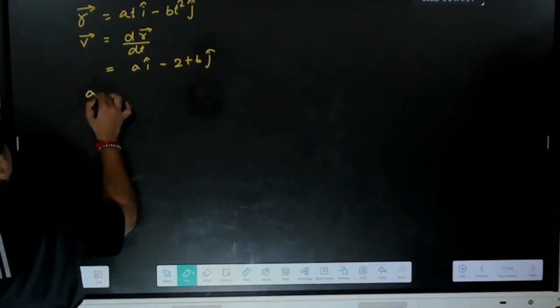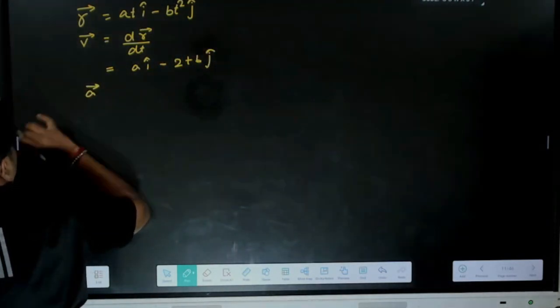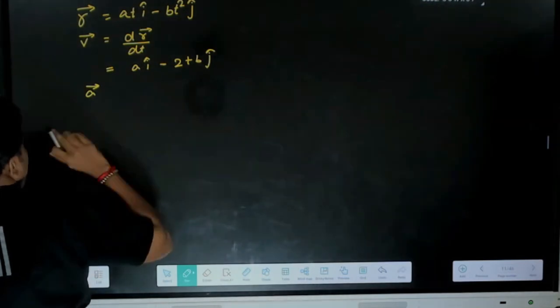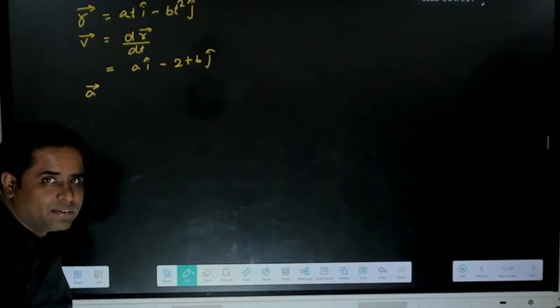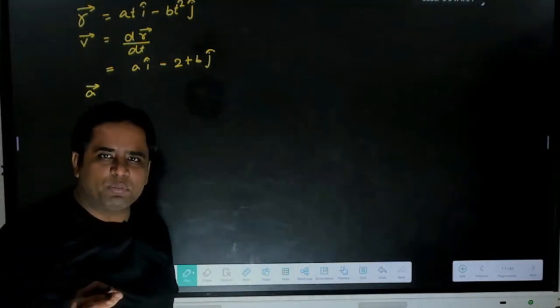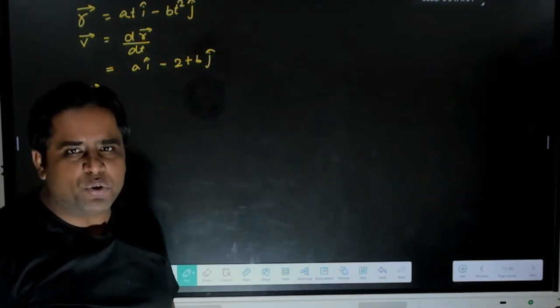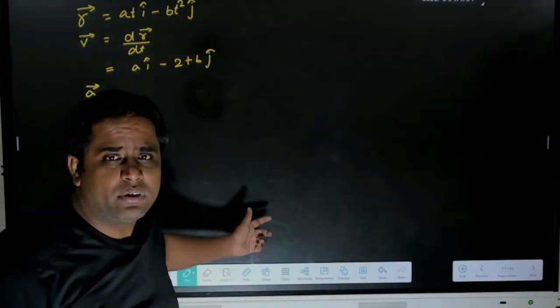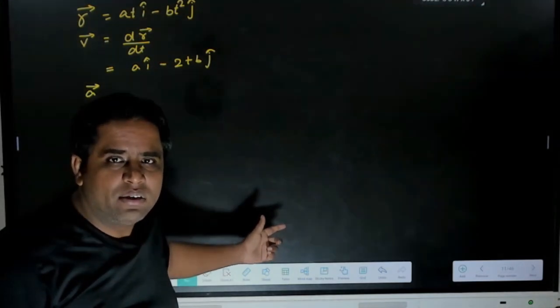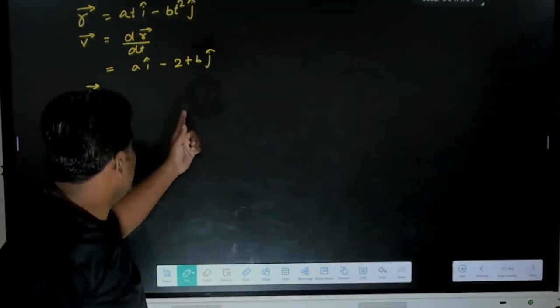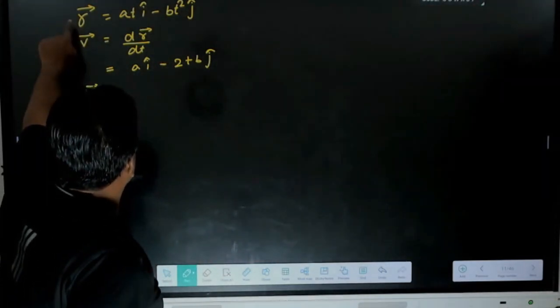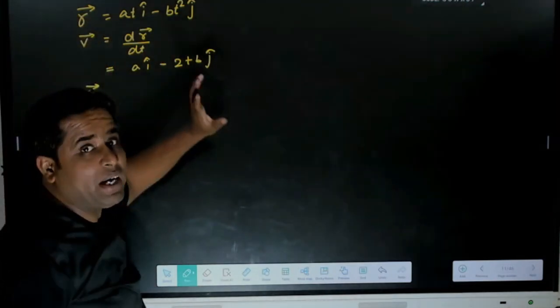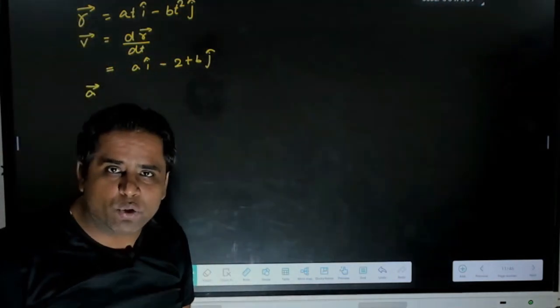And if I ask you to find the value of the acceleration vector, if you are smart students, and definitely you are, what are you going to do? I have already taken a number of questions with this concept. I have already said that if the position vector is given, find the velocity vector by differentiating with respect to time.